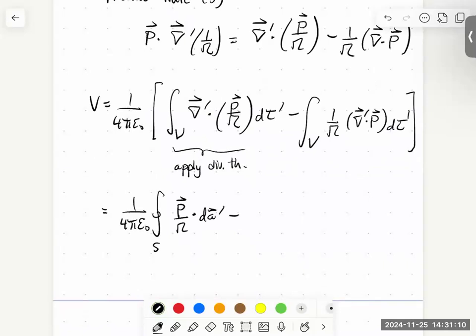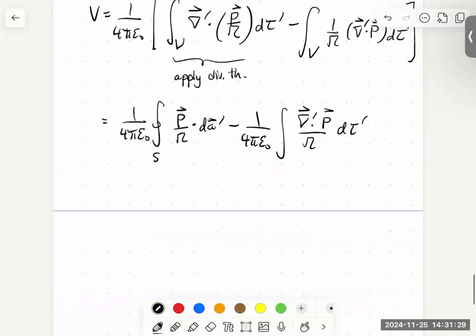Okay, and then minus 1 over 4 pi epsilon naught, the integral of the divergence of P over script r. This one, I'm not changing anything. I'm just going to leave it as it is. All right, so what I want to do is try to convince you that these two terms are somewhat familiar.